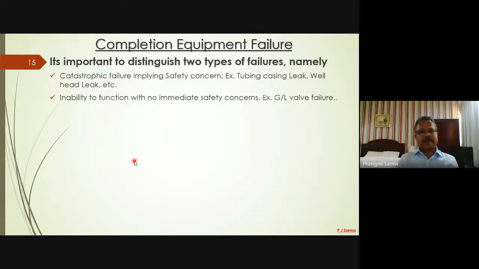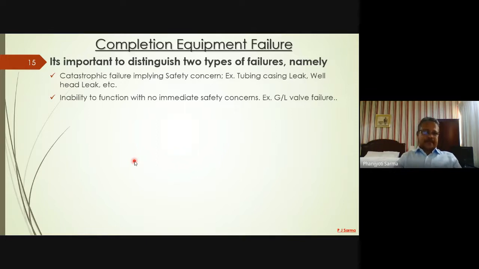And there are other types of failure, inability to function with no immediate safety concern, like a gas lift valve failure, or the packer failure. So that may not lead to an immediate safety concern. So that may take time to decide the suitable time to intervene. But these are the two main aspects.